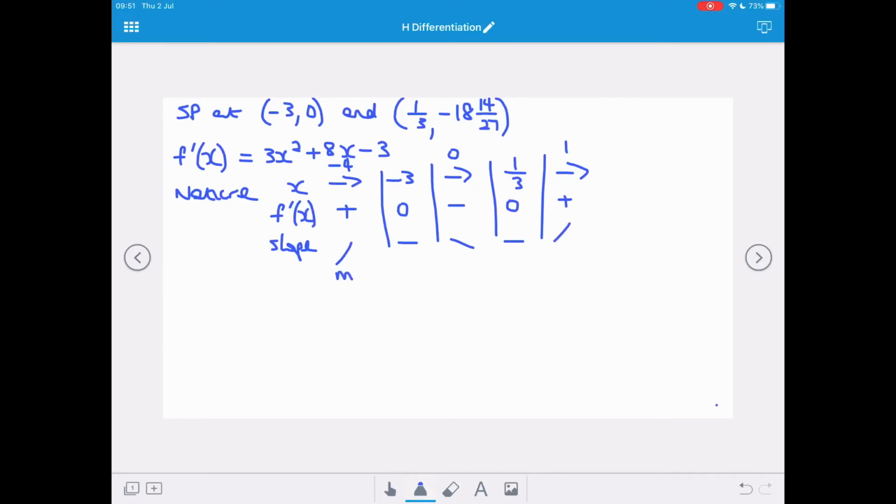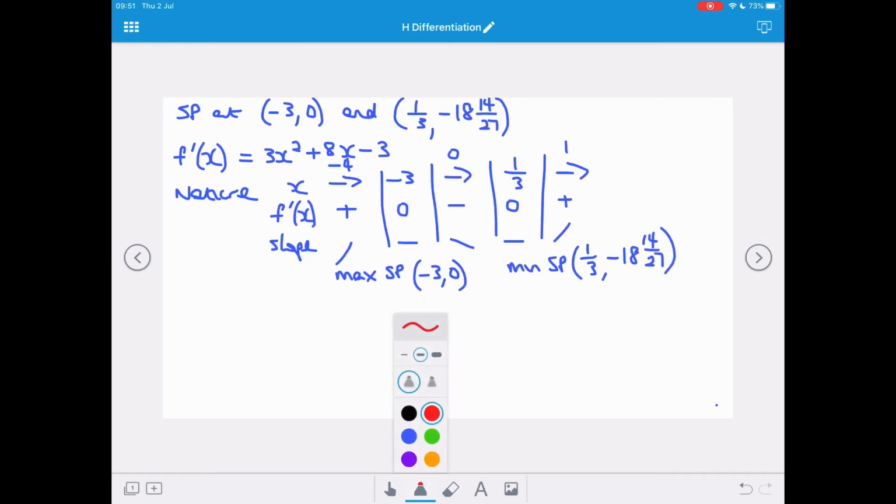So we're going to end up with a maximum stationary point at negative 3, 0. And we're going to end up with a minimum stationary point at a third, negative 18 and 14/27. Finally, we need to consider our very large negative and positive values of x.